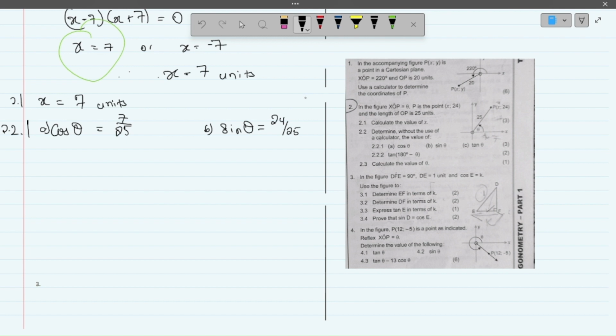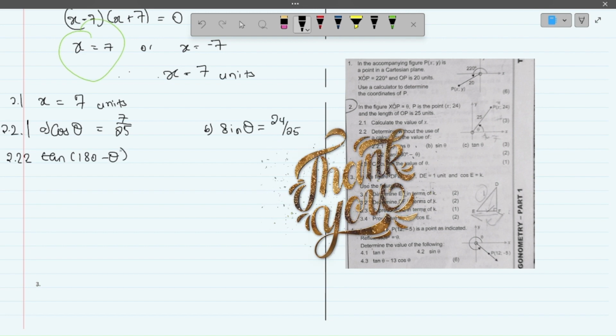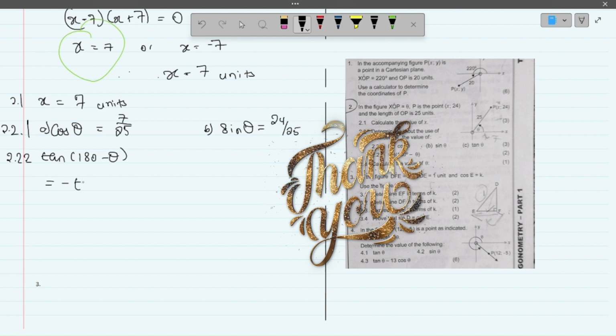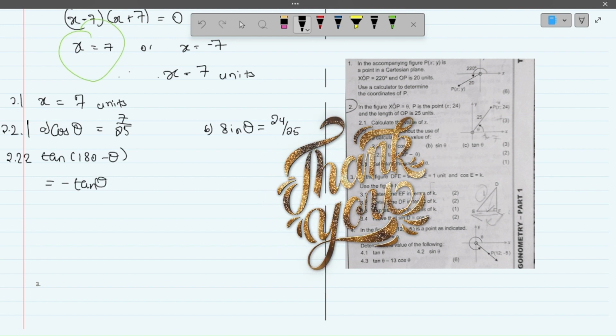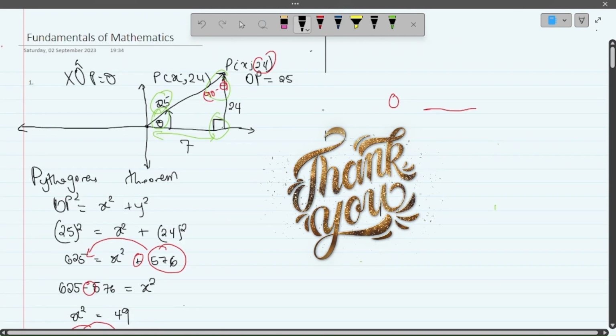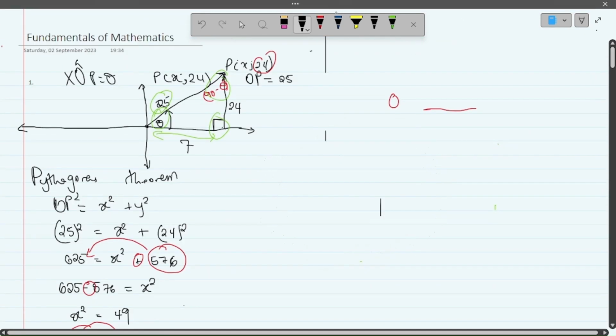Then let's do 2.2. Tan of 180 minus an angle. Tan of 180 minus an angle is gonna be minus tan of that angle, guys, because we know that tan is where?